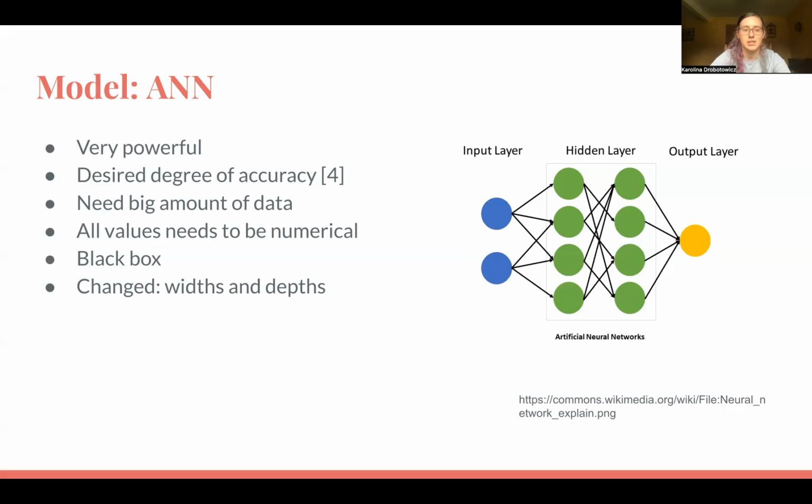categorical values into numbers, because the transformation is totally arbitrary. But it can be problematic.